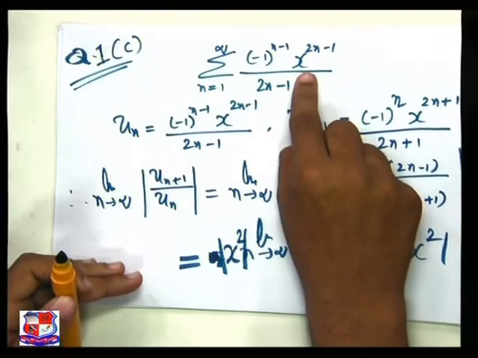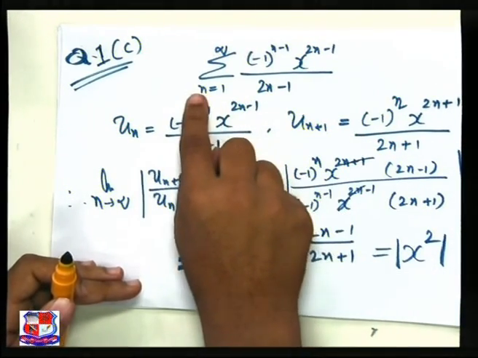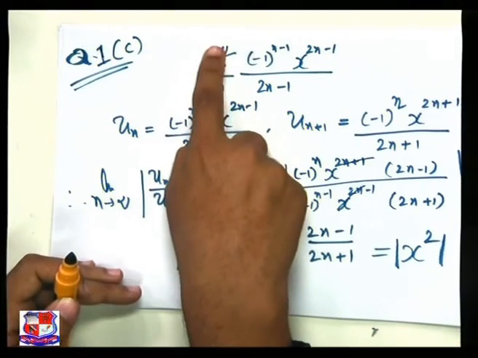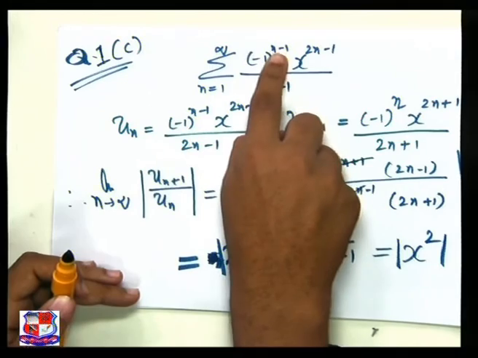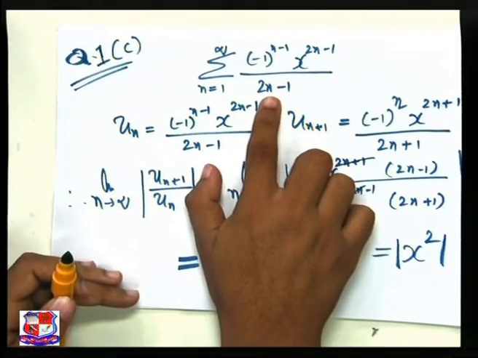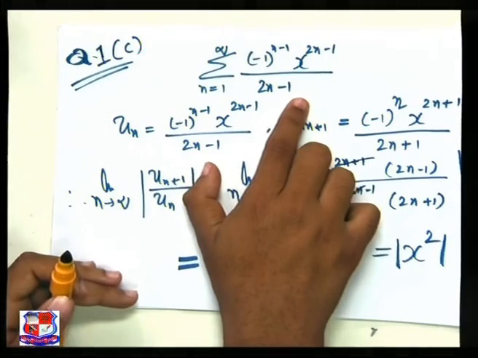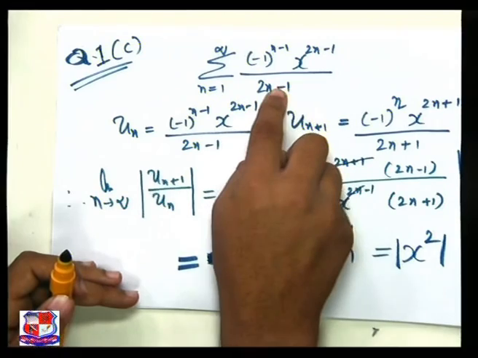Now when x is equal to 1, our series is starting from n is equal to 1 to infinite. So put the value n is equal to 1. For n is equal to 1, (-1)^0 will become 1. This is 2 minus 1, so 1. So the first term is 1. When x is equal to 1, the first term is 1.